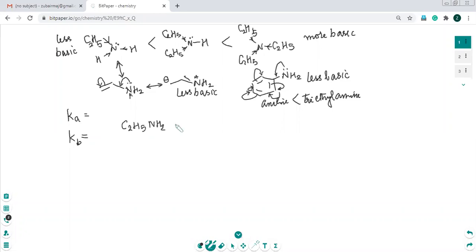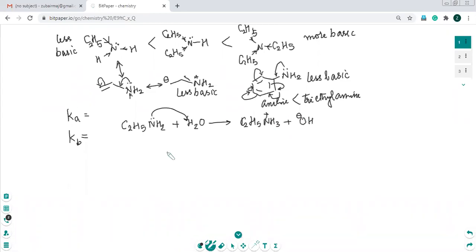So what is basicity? Its ability to react with water to form C2H5NH3 plus and OH minus. So the ability to release more amount of OH minus is what is basicity.